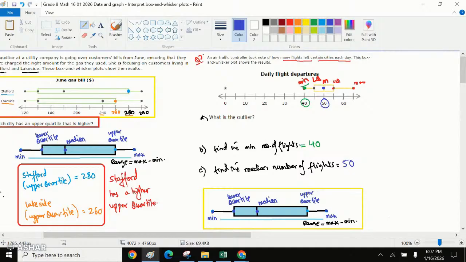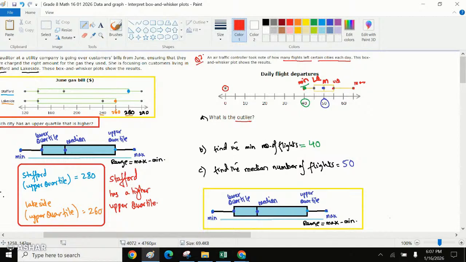But they're asking us for a new value over here. The term outlier that is used over here, we see this outlier over here, the star. The outlier means that there were some cities which did not have a flight.